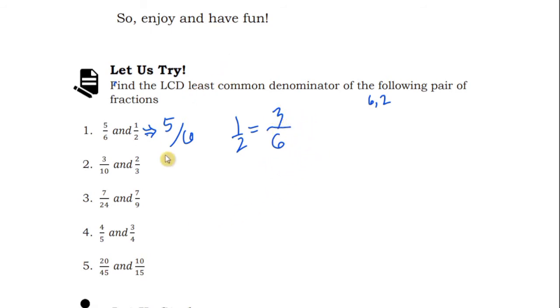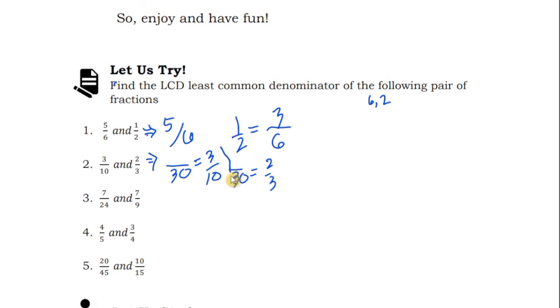Here we have the least common denominator of this, which is 30. If you ask me why it is 30, I will explain that later on. This one is for 2/3, and the other one is for 3/10.